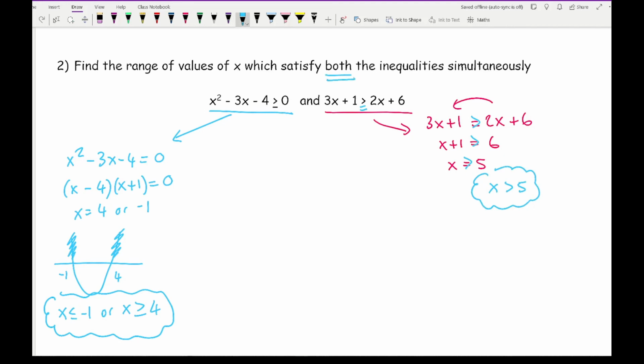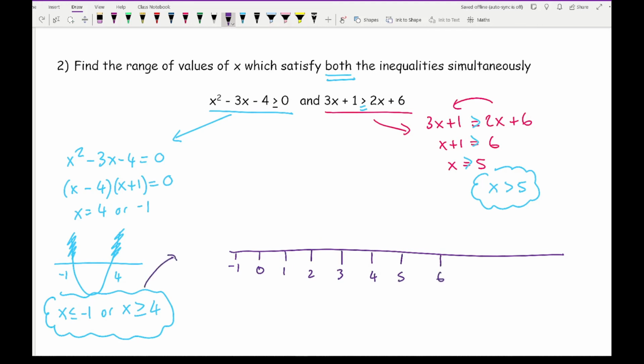Now what I want to do is work out the set of values that satisfy both of these two things. So if I just imagine that I've got a number line, and I'm going to start at minus 1 because that's the smallest number out of the answers I've got, and it goes all the way up to 5, but let me just go up to 6 just to make sure. Now if I take these set of answers, and let me just put that in blue here, representing these answers on the number line, that's going to equal this, going in that direction.